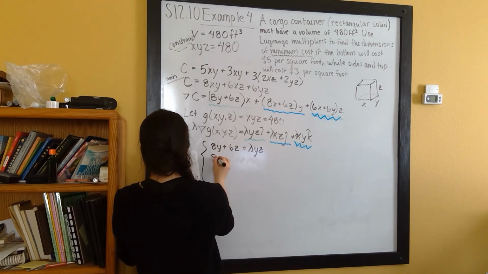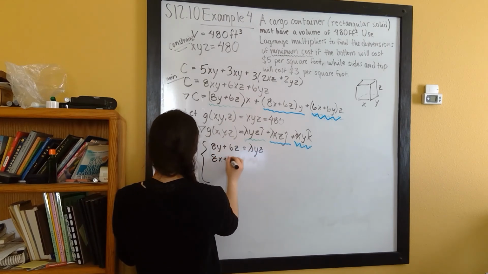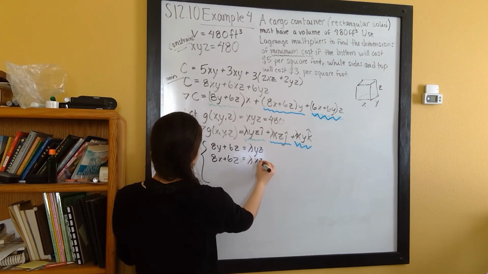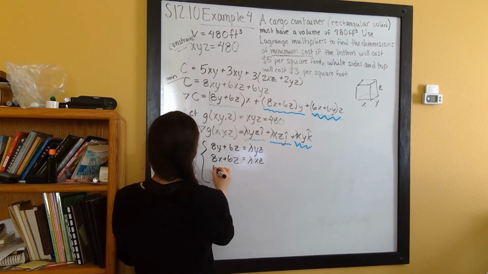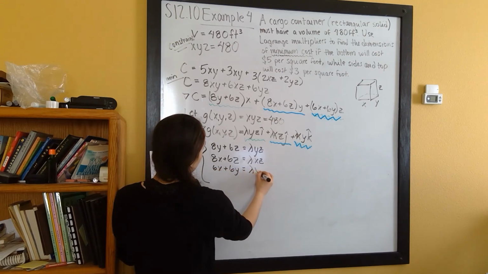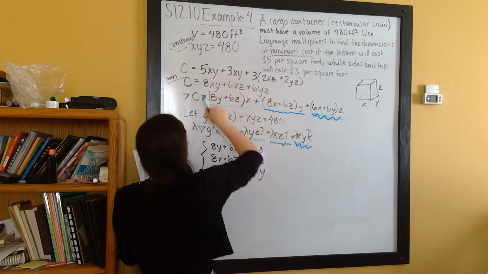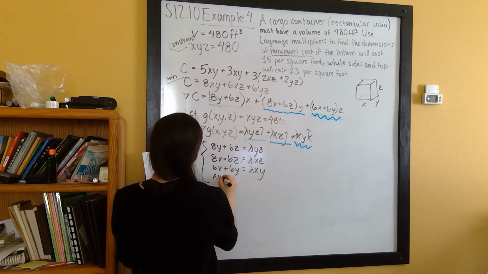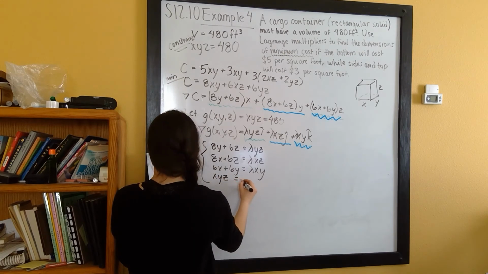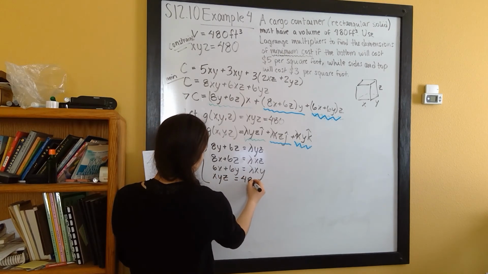Now we have 8x plus 6z equals lambda xz, and we have 6x plus 6y equals lambda xy. The last equation is going to be our constraint, so we have xyz is equal to 480.